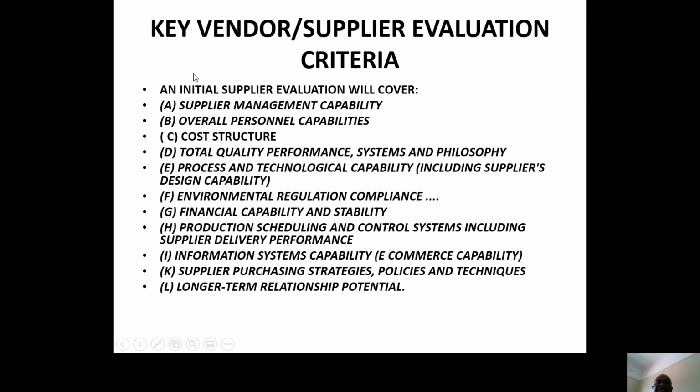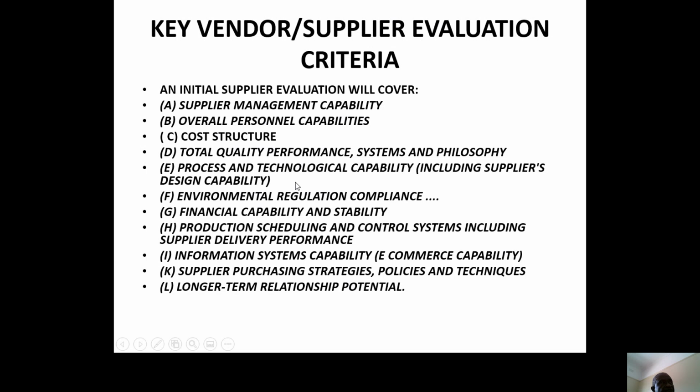These are some of the key vendor evaluation criteria. These are important. I will ask you to go and read more about this. An initial supplier evaluation will cover, more of repeating what I've already indicated: supplier or vendor management capability, overall personnel capabilities. Do they have the people?